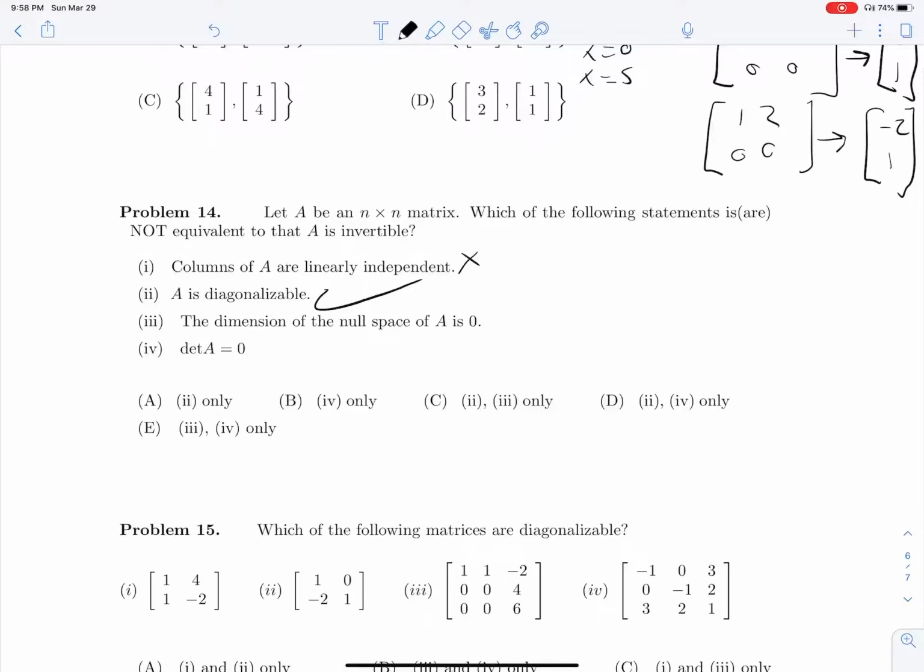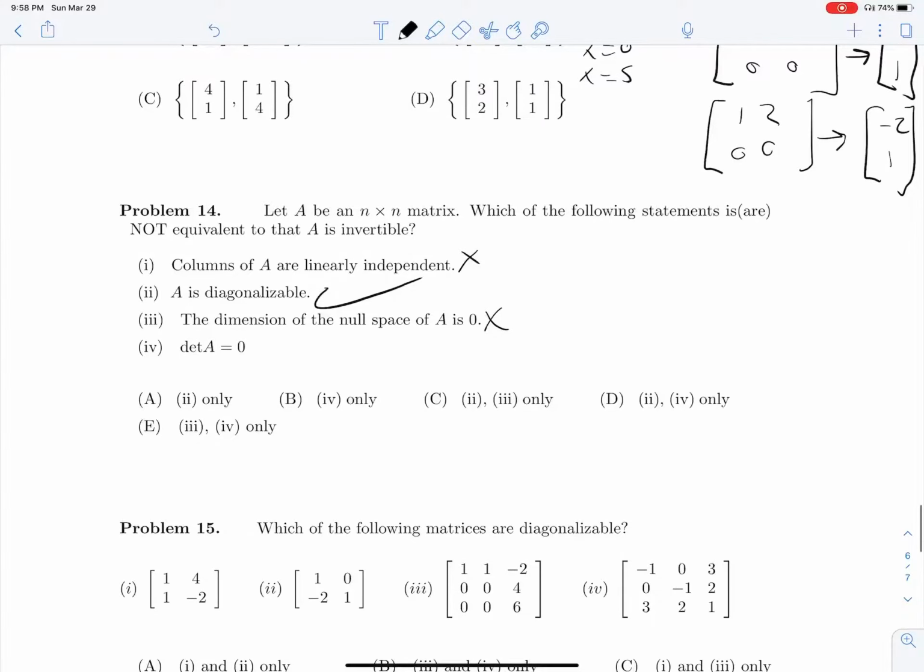3, the dimension of the null space of A is 0. That is equivalent to the fact that A is invertible. You can kind of conceptualize it visually by thinking of the null space as all of the space that gets squished onto the origin after you apply the transformation.